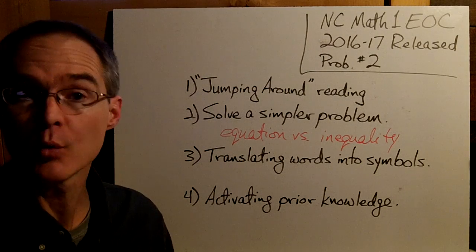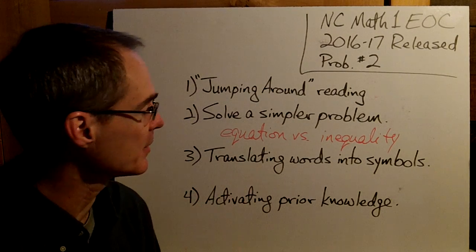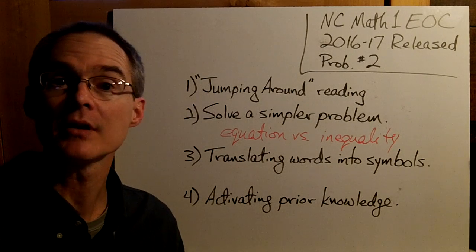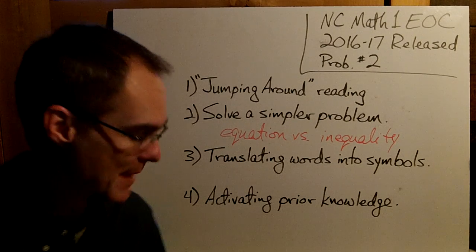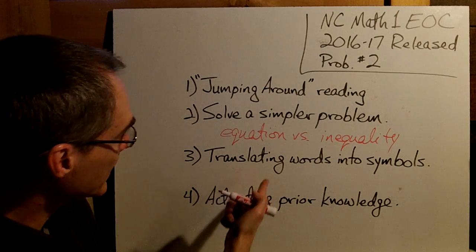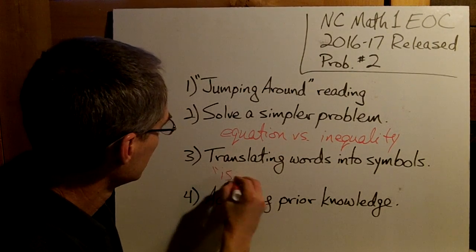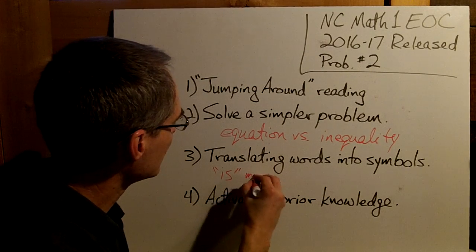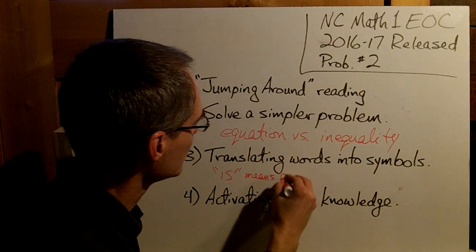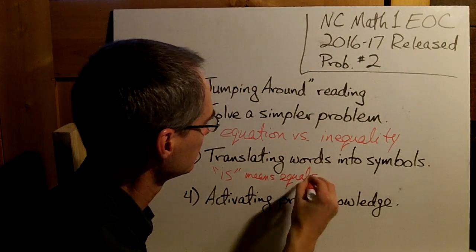Strategy number 3, translating words into symbols. Again, this is something that is often done in trying to make sense of and solve math problems. And again, in this problem, we saw the use of the word "is" meaning equals, and we used that in this particular problem.